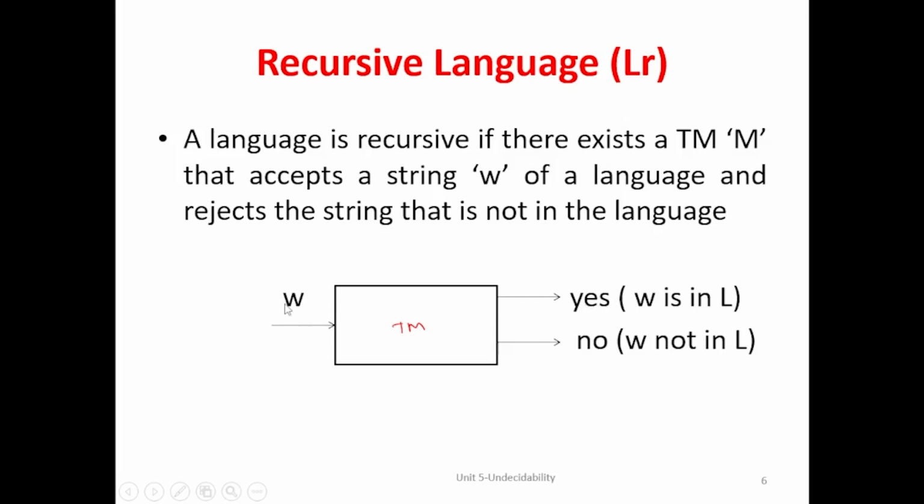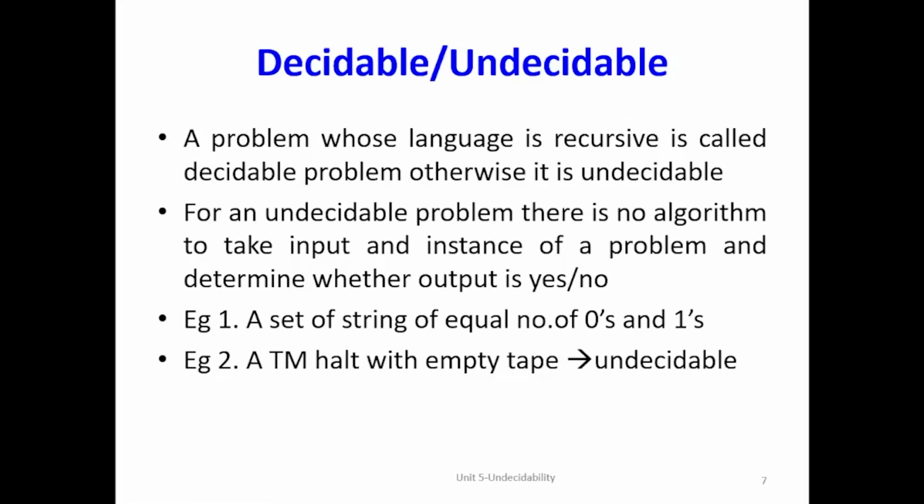Suppose the string W is not accepted by the Turing machine, then the machine will give an output of no, that means the string is rejected. So the output of the Turing machine is in yes/no format, depending upon whether the string is accepted or not. This clear-cut format of language is called a recursive language, that means LR.